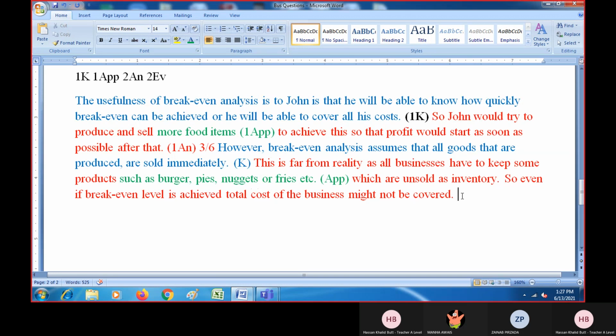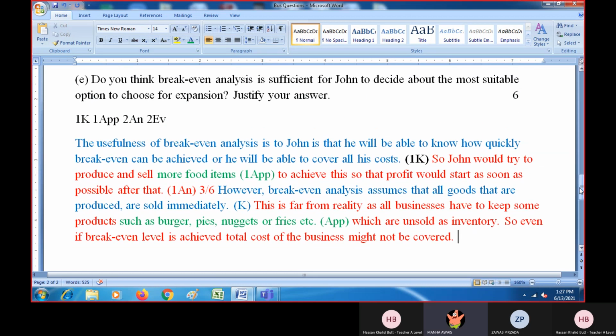So how many marks have we got up to now? Can you tell me, Zainab or Manha? So we gained 4 marks. Yes. By now we'll be able to get 4 out of 6.